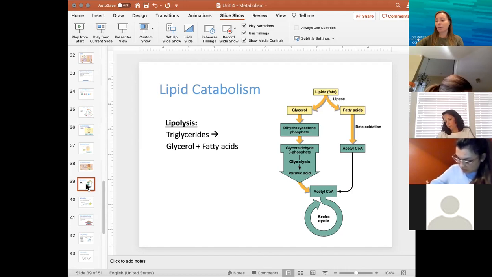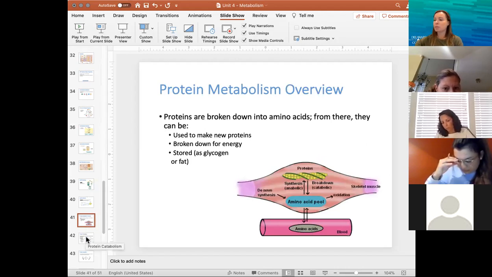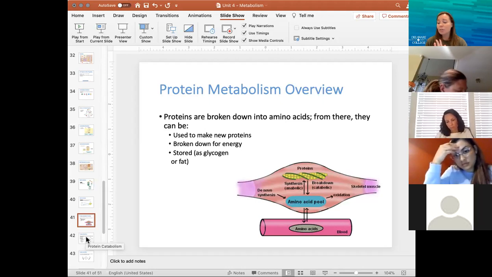Okay. So for protein metabolism, breaking down proteins is called proteolysis. And generally, remember, we are not using proteins for energy. So this is the very first section under protein metabolism.